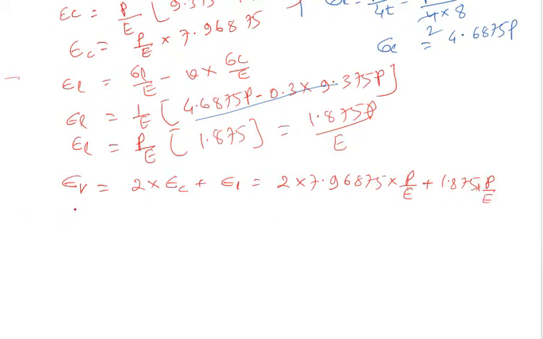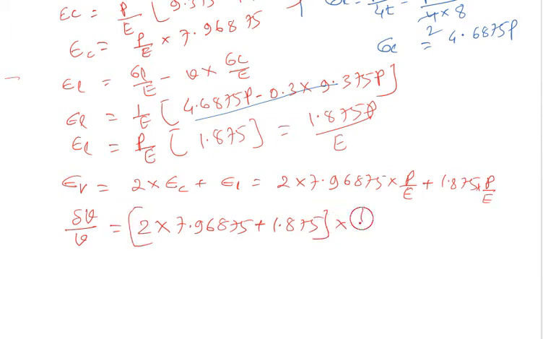Now we know that del V, that is volumetric strain, is change in volume by original volume, is equal to 2 into 7.96875 plus 1.875. So P by E is common. Correct.